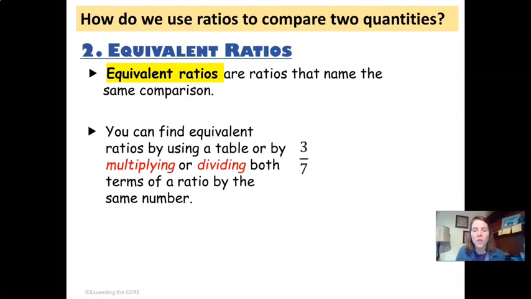For example, let's say that Cole likes to have 3 marshmallows to every 7 pieces of cereal. If that's the ratio that we're looking at and we want to make 2 bites of cereal, we would take both terms times 2 to find out that we would need a total of 6 marshmallows to 14 pieces of cereal.